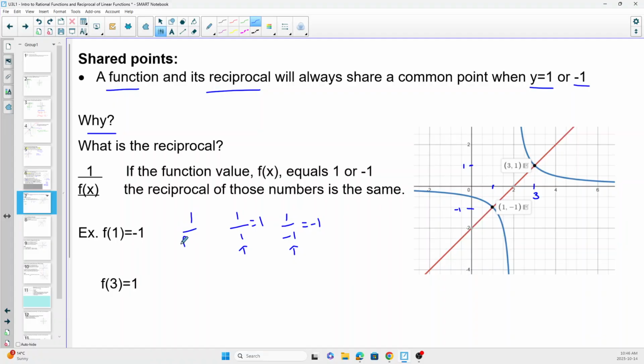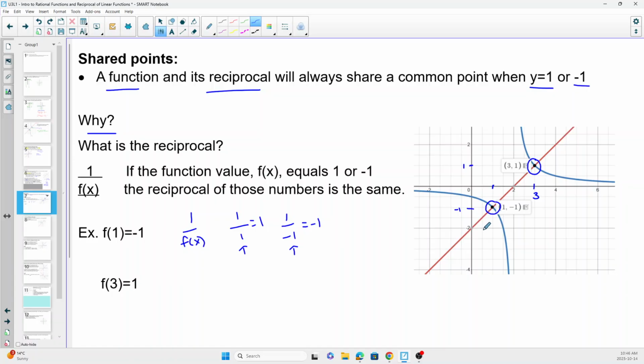If we put a 1 on the bottom, we still just get back a 1. If we put a negative 1 on the bottom, we still just get back a negative 1. So reciprocal functions will always have those 2 points of intersection wherever the original function had a function value of 1 and of negative 1.